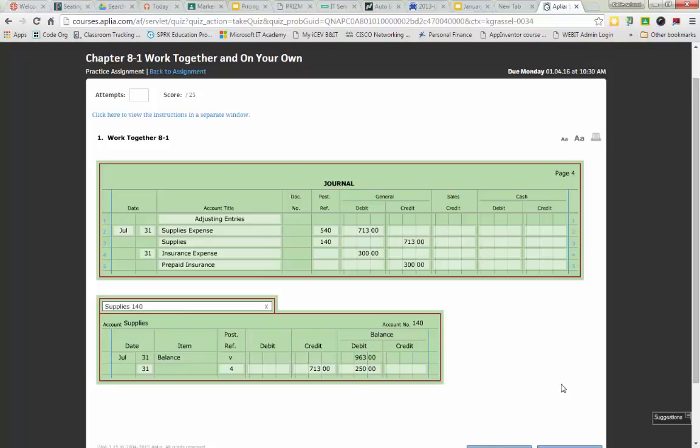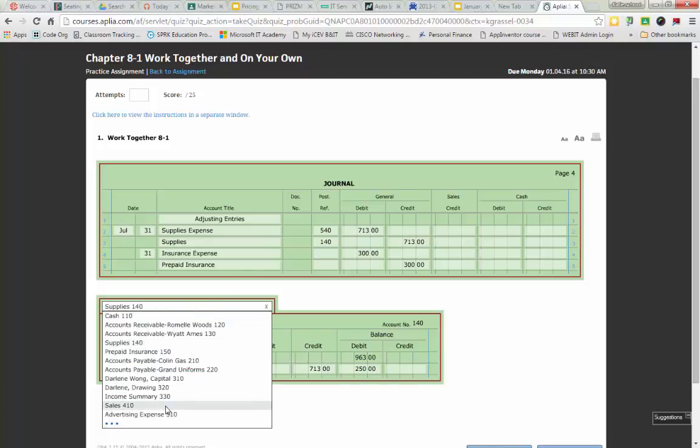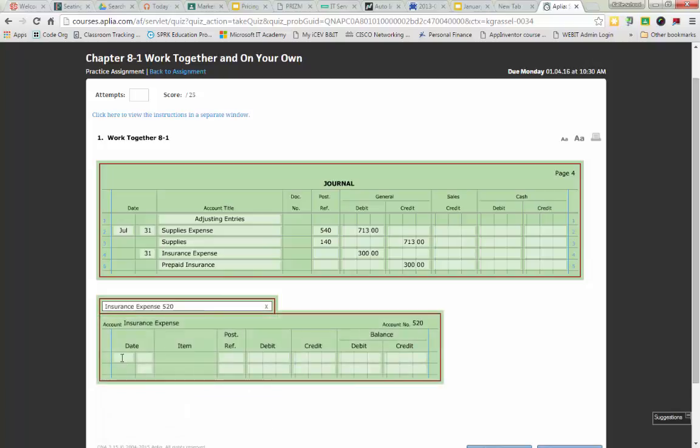Let's do the same thing for insurance expense. I will do insurance expense just like I did supplies expense. Nothing is in there first. Put in the month. The day is the 31st. Post reference is going to be 4 because this is from journal page 4. Insurance expense is being debited $300.